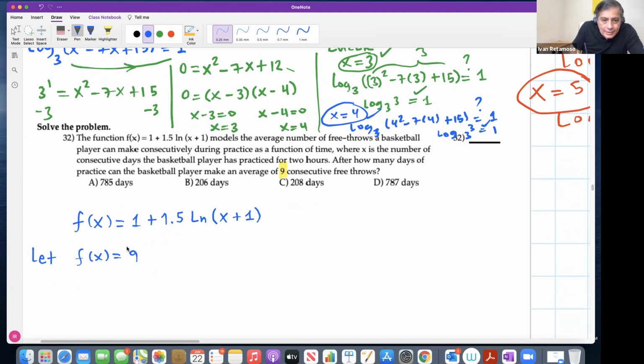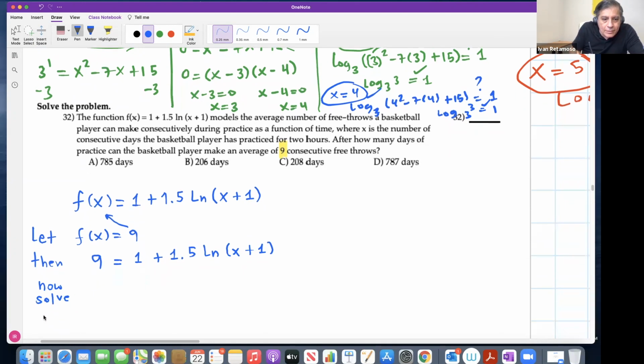If f of x is equal to 9, then you have this equation: 9 equals 1 plus 1.5 times natural log of x plus 1. Now, solve for x. Can you solve this for x and figure out the answer?